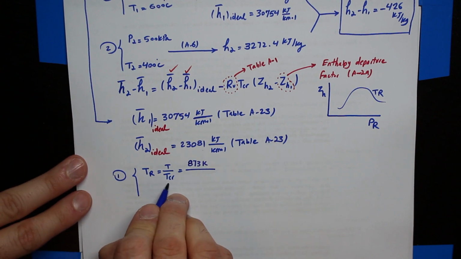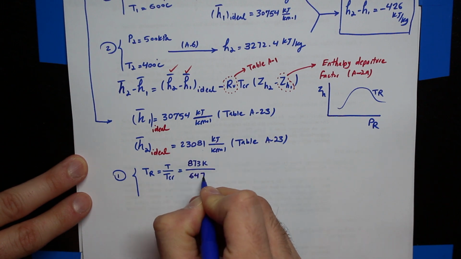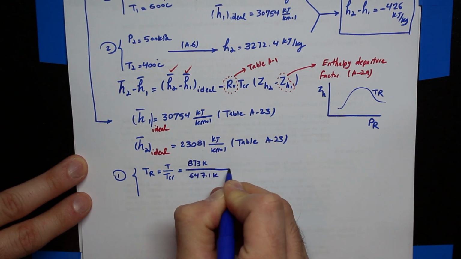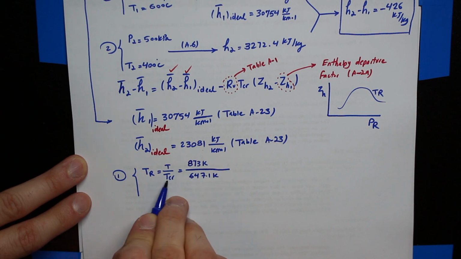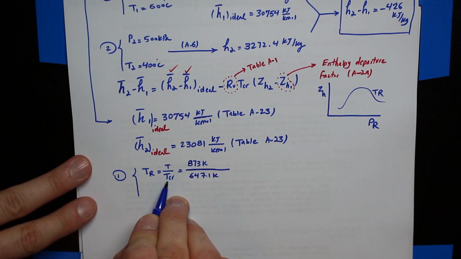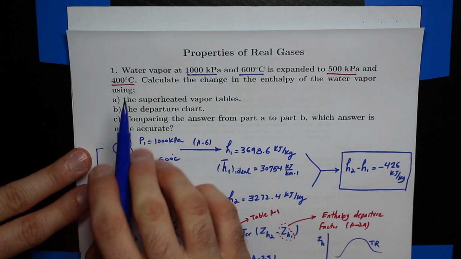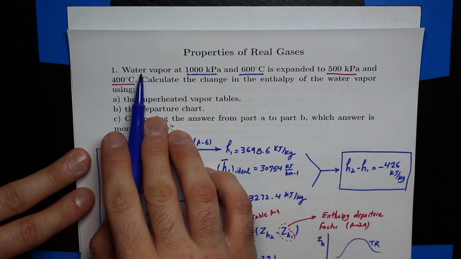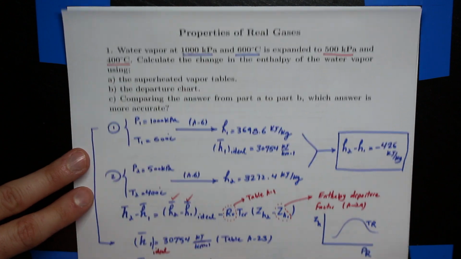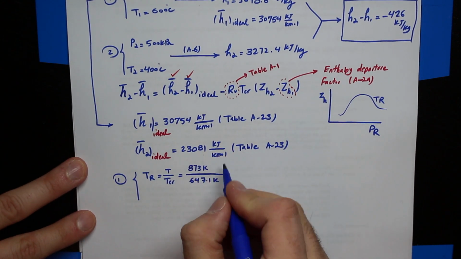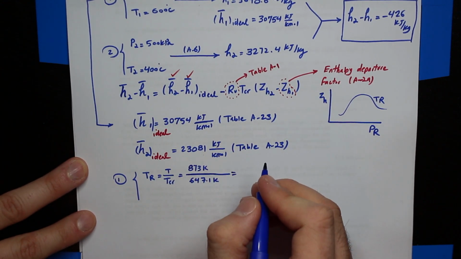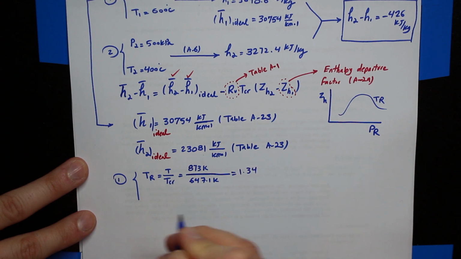The critical temperature of water is 647.1 Kelvin, which again comes from table A1. So the critical properties are coming from table A1. In that table, you want to go and find the reduced temperature and reduced pressure for water. So that gives you TR value equal to 1.34.